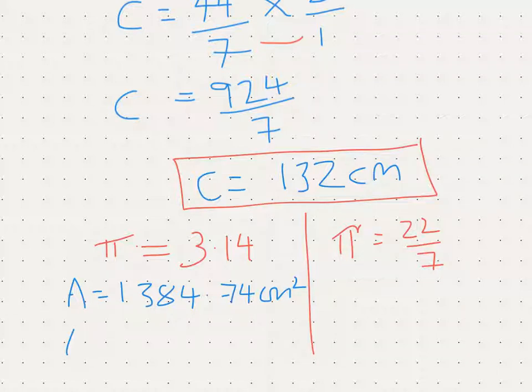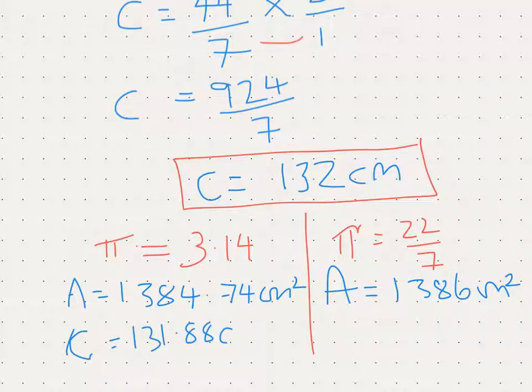And when I let pi be equal to 22 over 7, my area was 1,386 centimetres squared. The circumference, when pi was equal to 3.14, became 131.88 centimetres. And circumference, when I used the fraction of 22 over 7, became 132 centimetres.